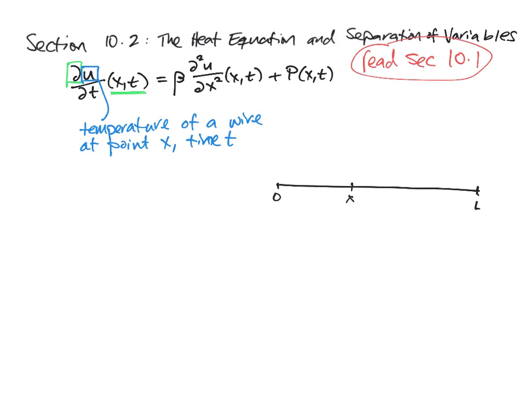So that means that we have x, which is the spatial dimension, and t, which is the time dimension.